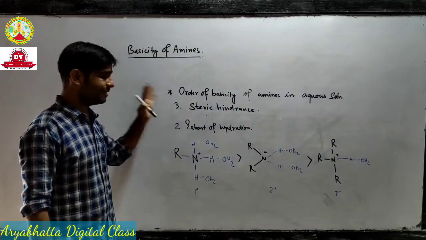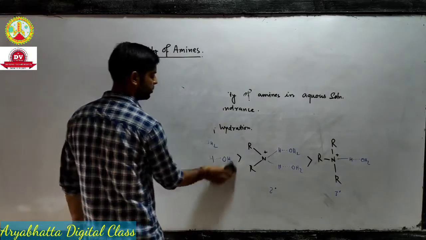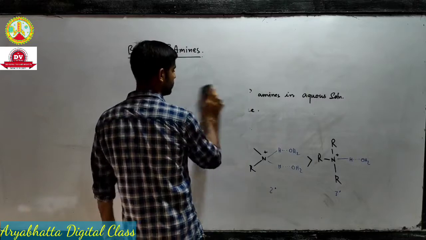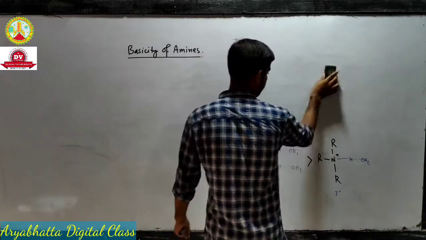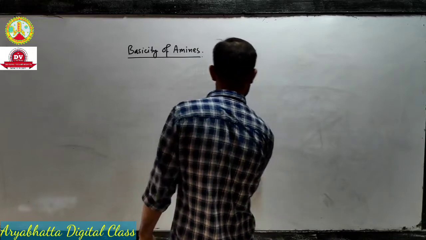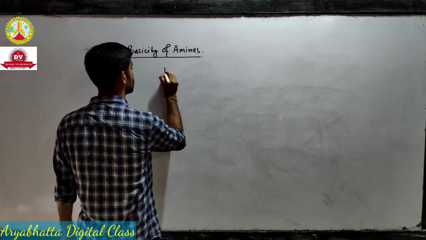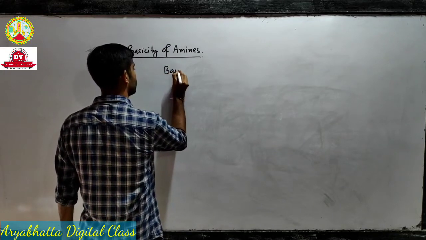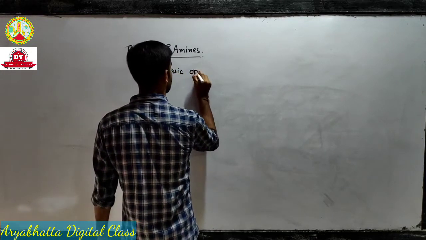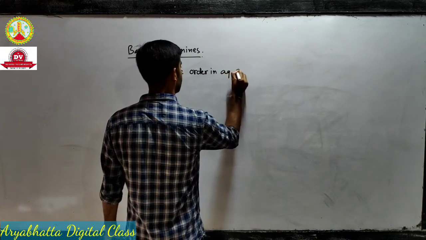So now we have these 3 factors, and when we combine all these 3 factors, we will get 2 types of things. So the basic order in aqueous solution.